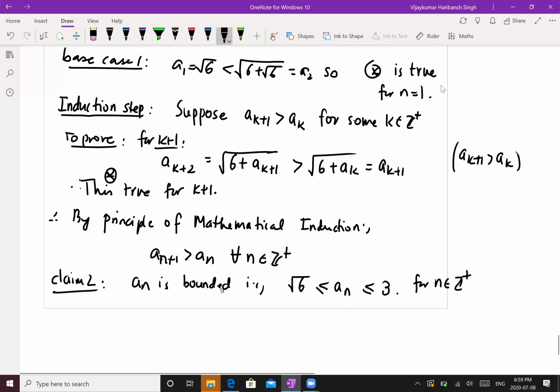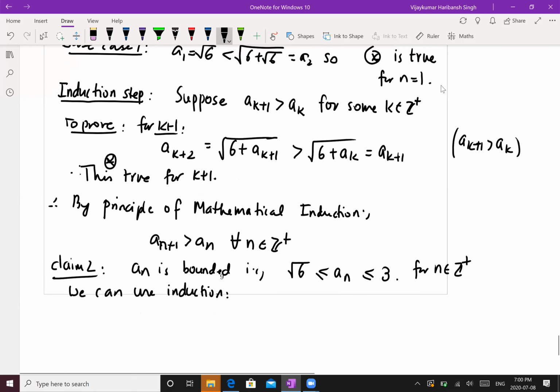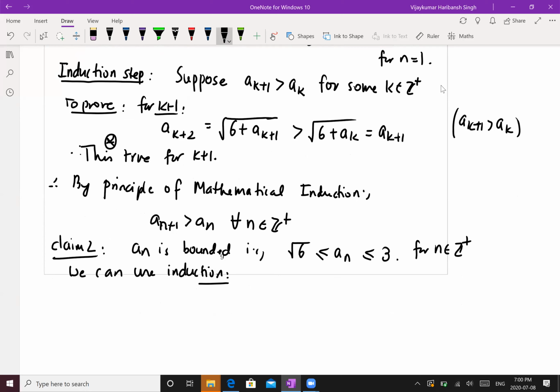So let's see, why is that the case? Again, we can use induction. So how would we use induction?